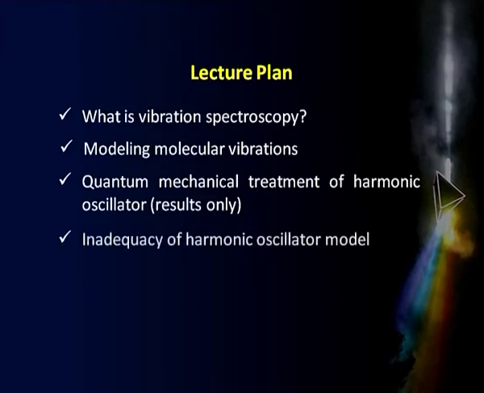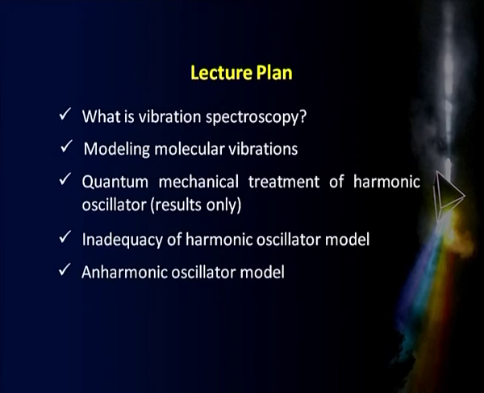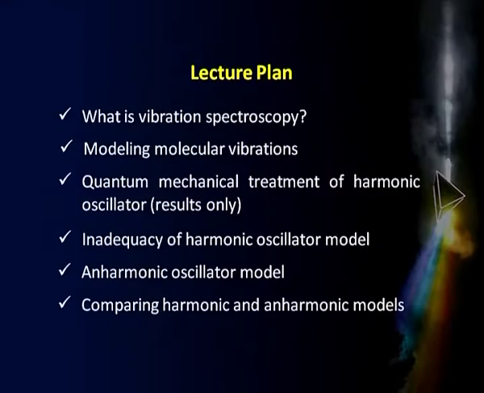Thereafter, we will see that this treatment of molecular vibration in terms of harmonic oscillator happens to be inadequate, and that inadequacy can be addressed by introducing what is called anharmonic nature of the vibration, wherein we bring in the Morse potential and things like that. And then we will try to compare the results we get by considering vibrational motion to be harmonic and anharmonic, and see how the two compare, and towards the end we will try to sum up what we do today.